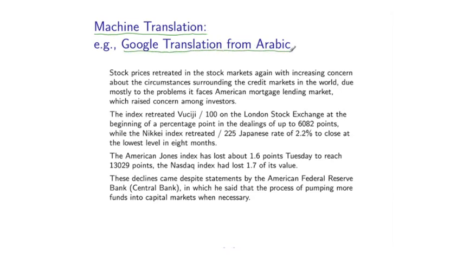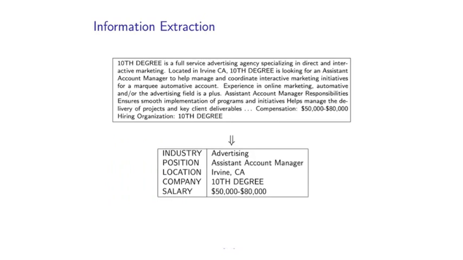This is a translation from Arabic into English. And while these translations aren't perfect, you can still understand a great deal of what was said in the original language. So later in this course, we'll actually go through all of the key steps in building a modern machine translation system.